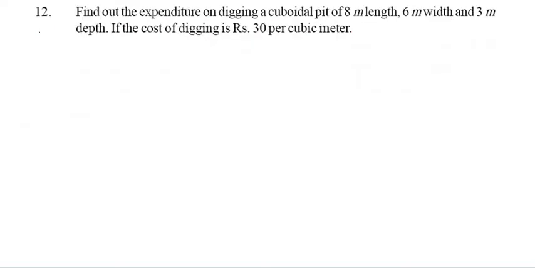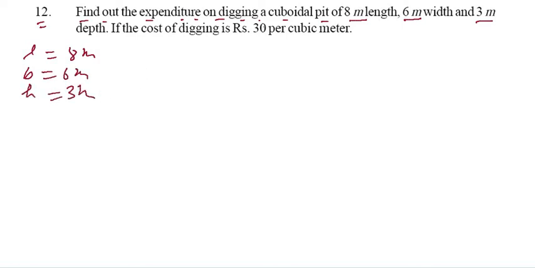Now come to the 12th question. Find out the expenditure in digging a cuboidal pit which is 8 meter length, 6 meter wide, and 3 meter deep. So you can write here, length is given as 8 meter, breadth is given as 6 meter, and height is 3 meter, and the rate is given here. So you can write rate also. Rate of digging is rupees 30 per cubic meter.